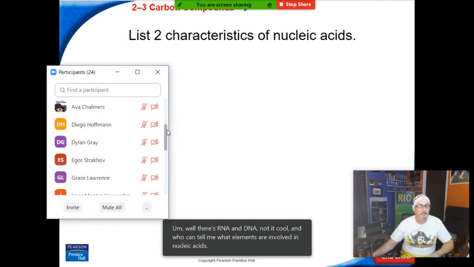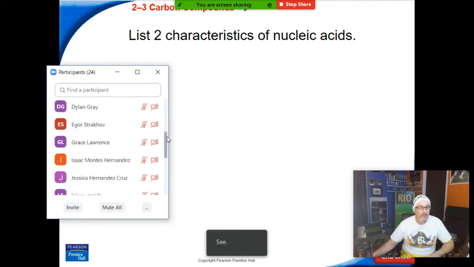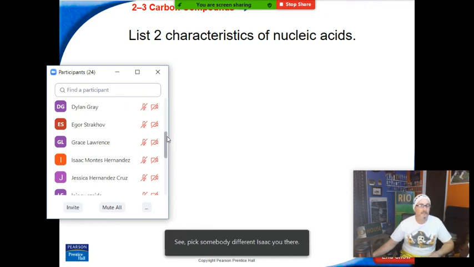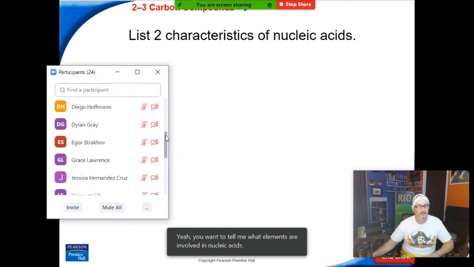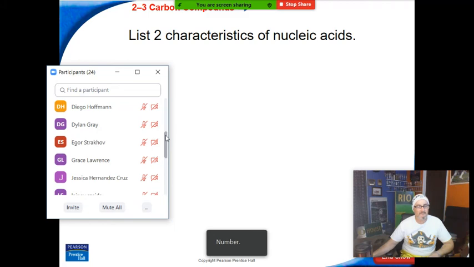Pick somebody different. Isaac, you there? Montes? You want to tell me what elements are involved in nucleic acids? I'm not sure. Number 28, first bullet.